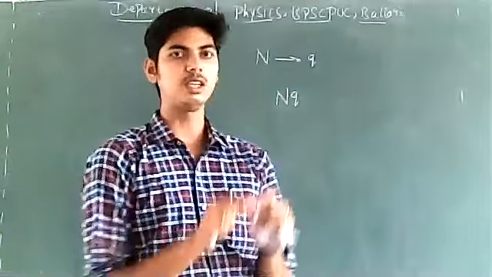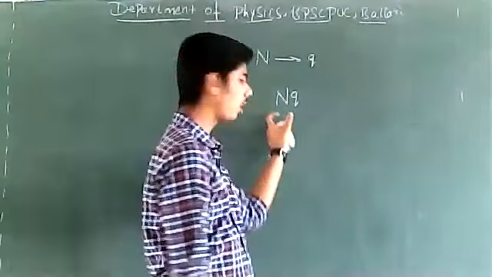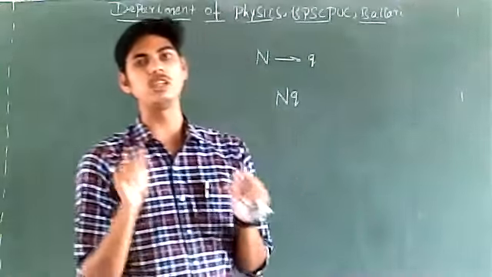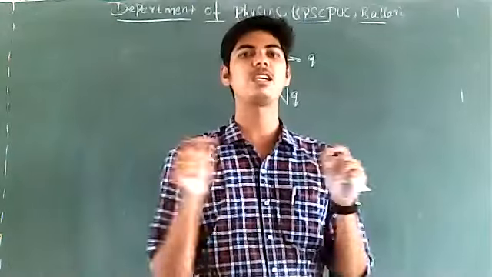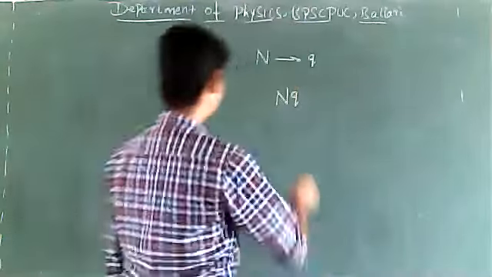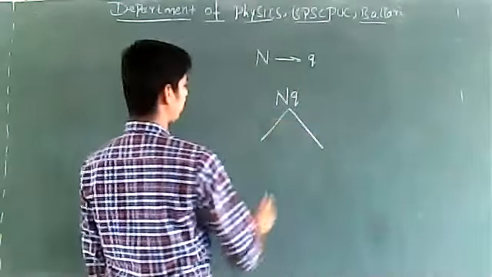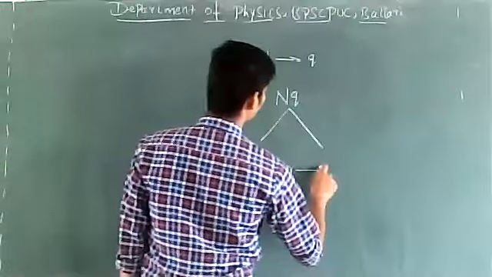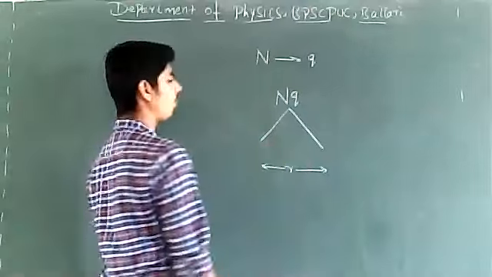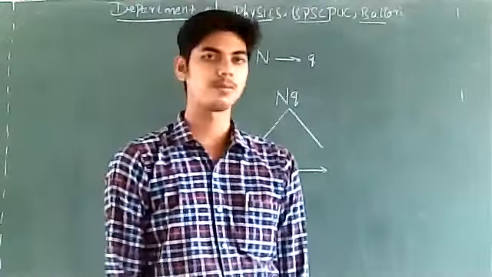It is said that this system of charges must be distributed into 2 parts placed at a fixed distance. We are going to divide this nq into 2 parts, placed at a fixed separation of say r.